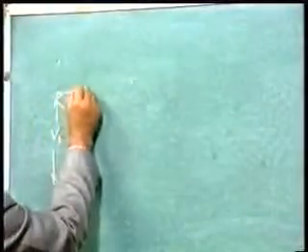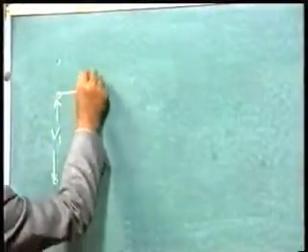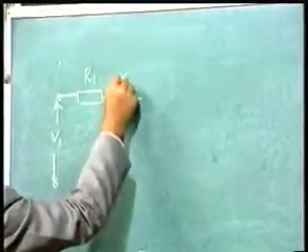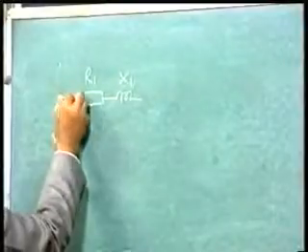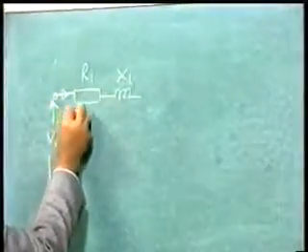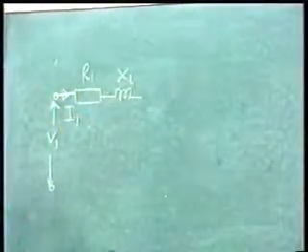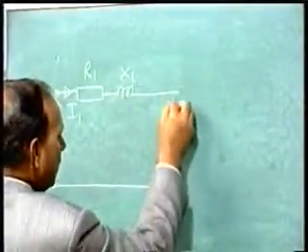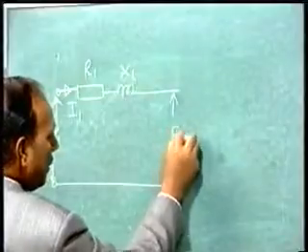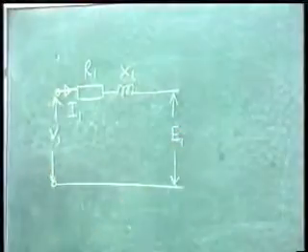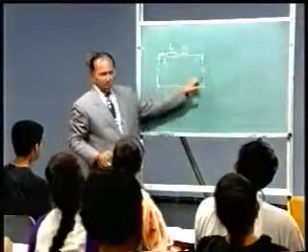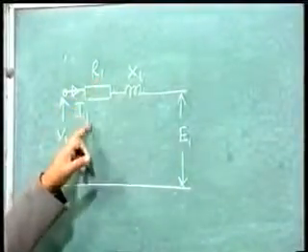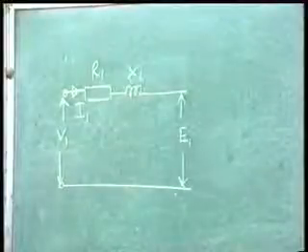That should be represented by a resistance R1 and a leakage reactance X1, through which a current I1 flows. So what is the induced EMF here? E1. V1 minus E1 is equal to I1R1 plus j I1X1. Is it clear?